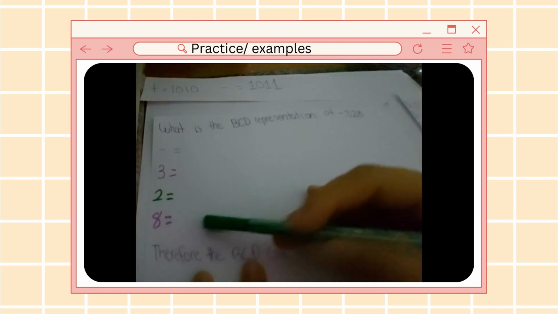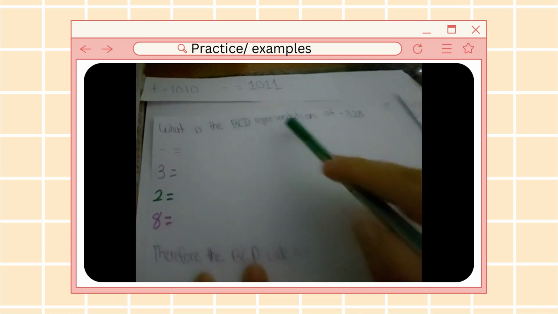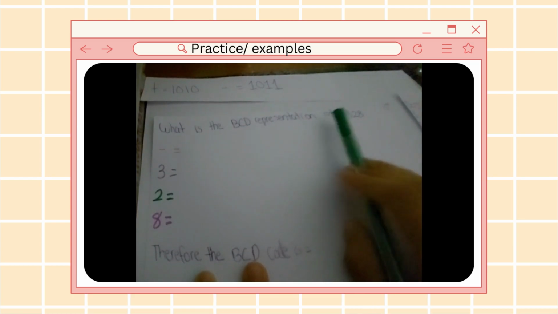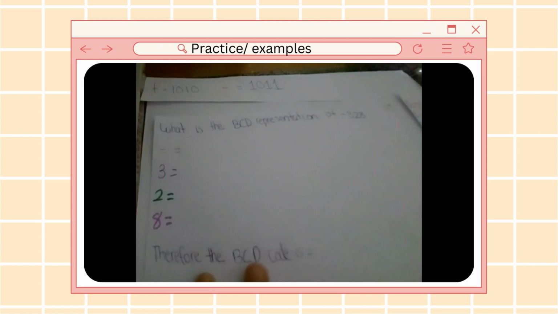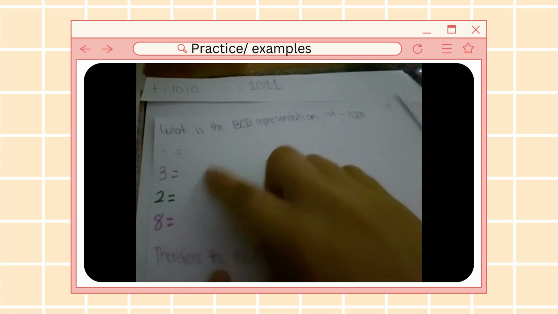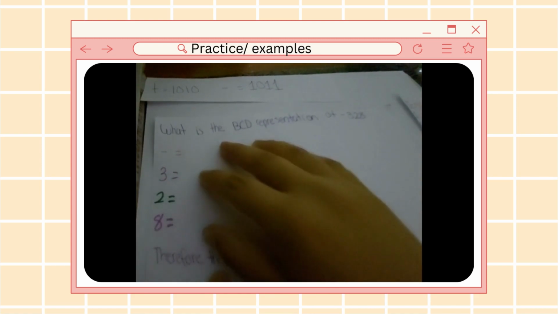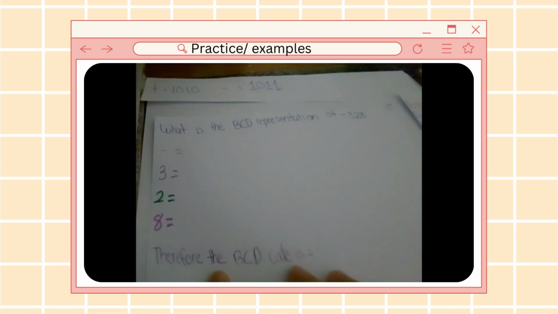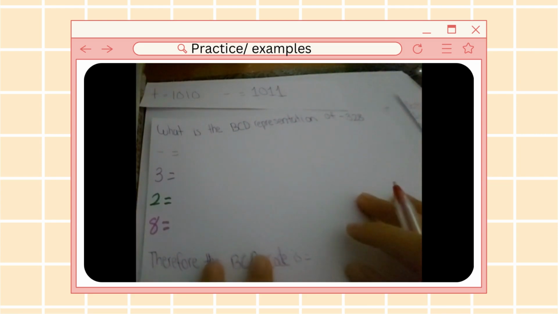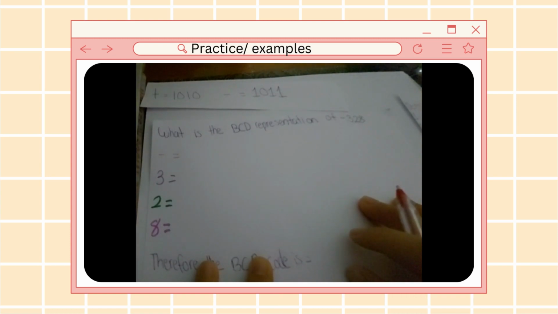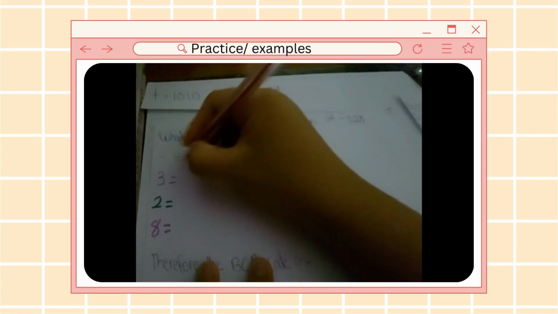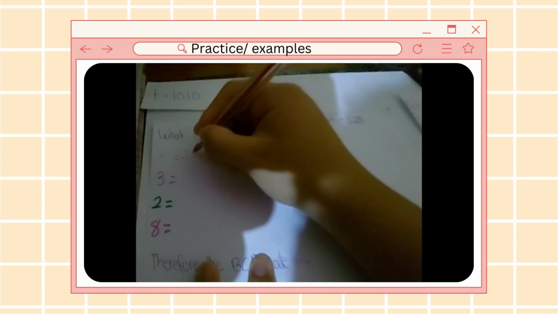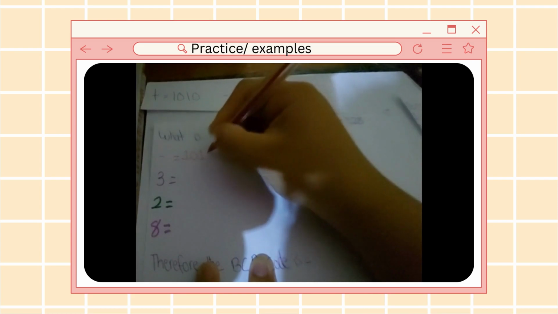Here on this side, you can see that we have all digits of negative 328 on their own. So what we're going to do is fill in all of them in the equal space, and then put them together to form the code. Knowing our rules, the negative sign is represented by 1, 0, 1, 1.